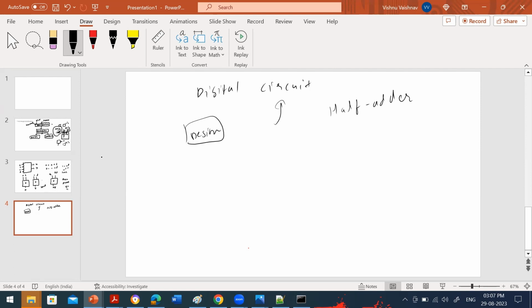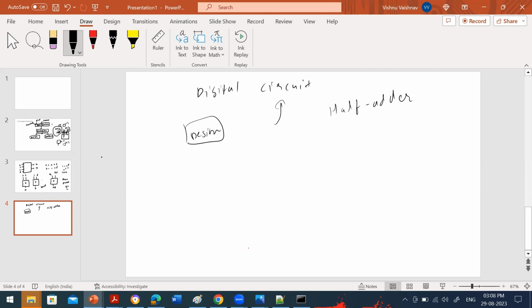The first thing you need is the digital circuit. If you have the digital circuit, you can proceed further, do other steps, and get your chip ready. Maybe this is not exactly the first step, but just to understand what design is and what verification is, we are considering this. So let's say you need a digital circuit for a half adder.